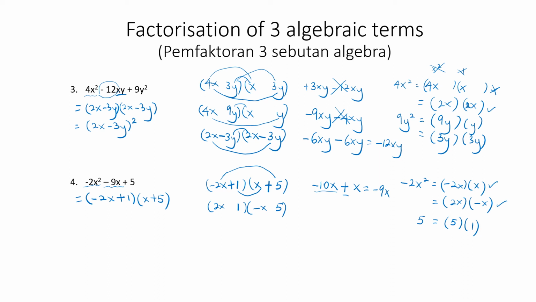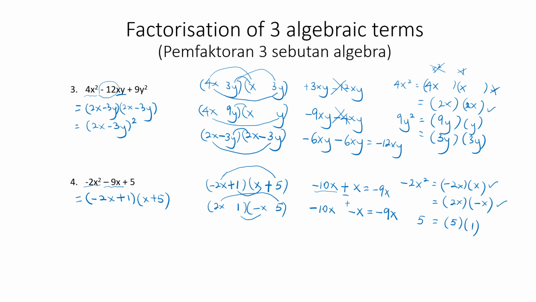So when I do expansion, this I get 10x, and this I get negative x. So in order to get negative 9x, I must have negative 10x and plus x.